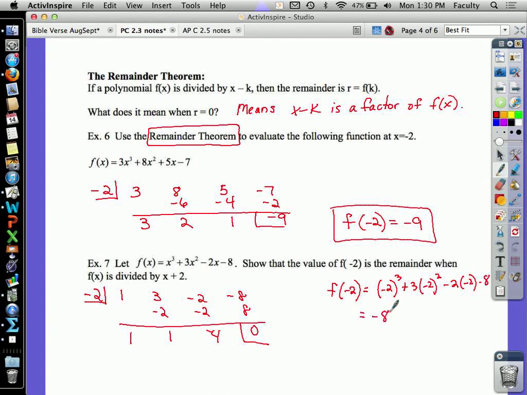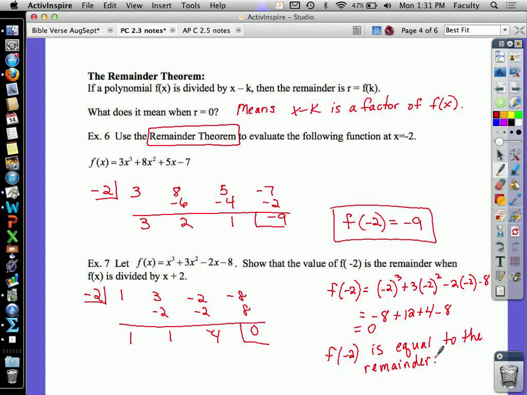So this is negative 8, that's plus 12, plus 4, minus 8, that's 0. So f of negative 2 is equal to the remainder, okay?